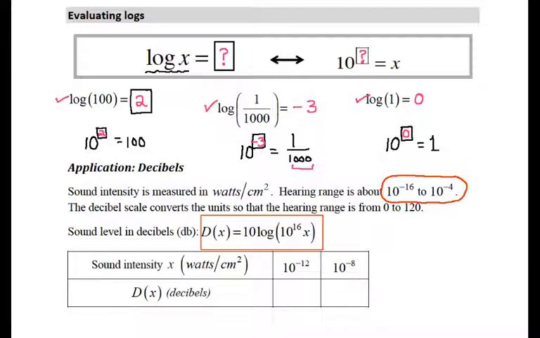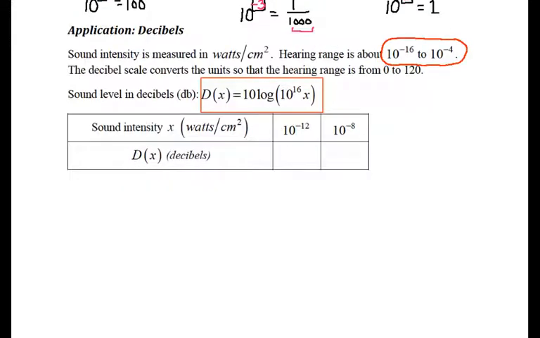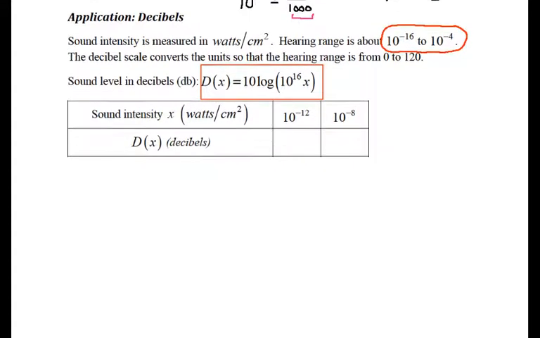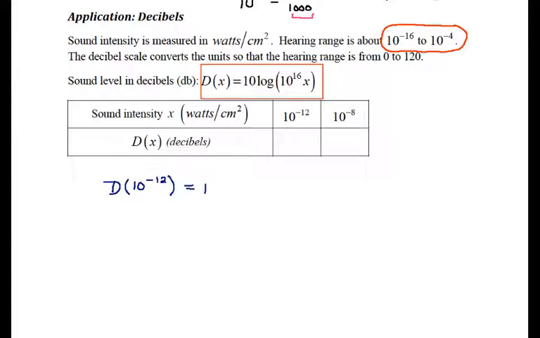So let's have a look at some of these examples here. If my input is a sound intensity of 10 to the -12, then I want to know what is D of x, right? So what is D of 10 to the -12? Well, that's going to be 10 times the log of 10 to the 16 times 10 to the -12.